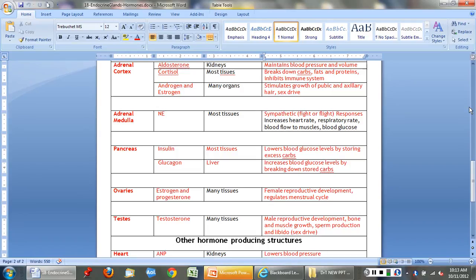So the endocrine system and nervous system work similarly. The difference is, remember the nervous system, you had neurons releasing neurotransmitters and having an effect on another neuron or what? Smooth muscle, cardiac muscle, glands. Okay? So it's kind of the same mechanism in a sense, because you're sending a chemical to bind to a receptor eventually, like the sympathetic division sends norepinephrine to the heart and tells the heart what to do.